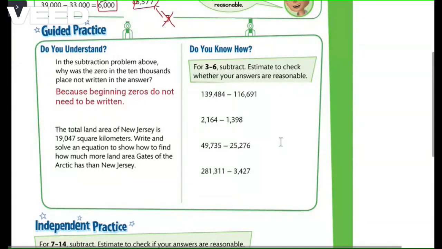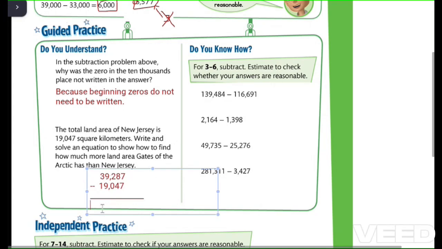All right, and it looks like Gates of the Arctic is 39,287 square kilometers. So let's go ahead and subtract 39,287 minus 19,047 square kilometers. And let's see what answer we get. Well, 7 minus 7 here in our ones place means 0 is in our ones place, and then 8 minus 4 is 4.